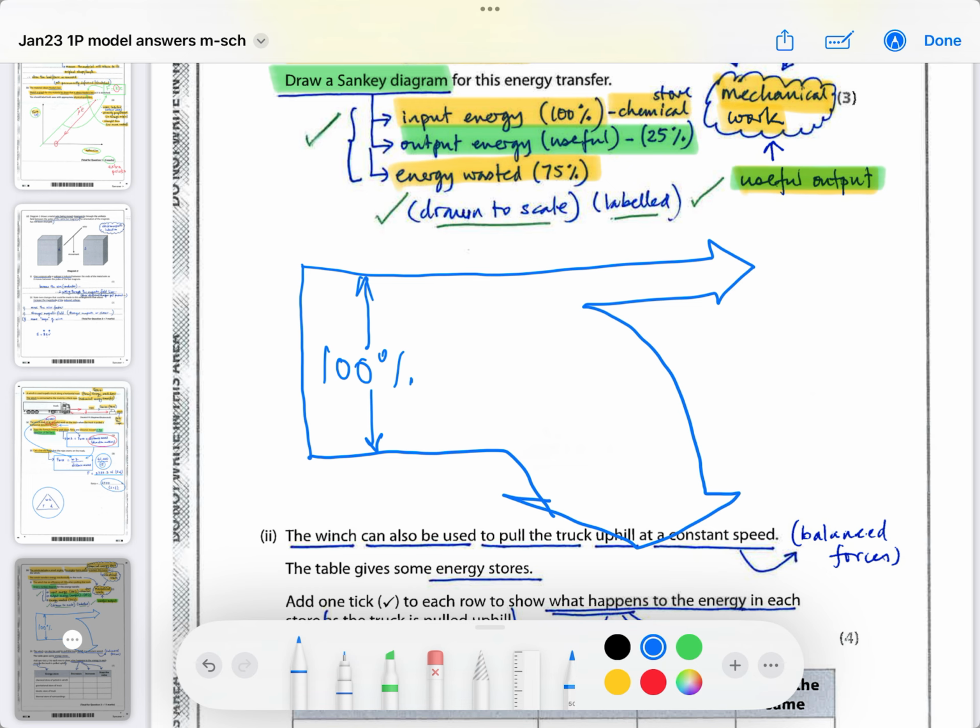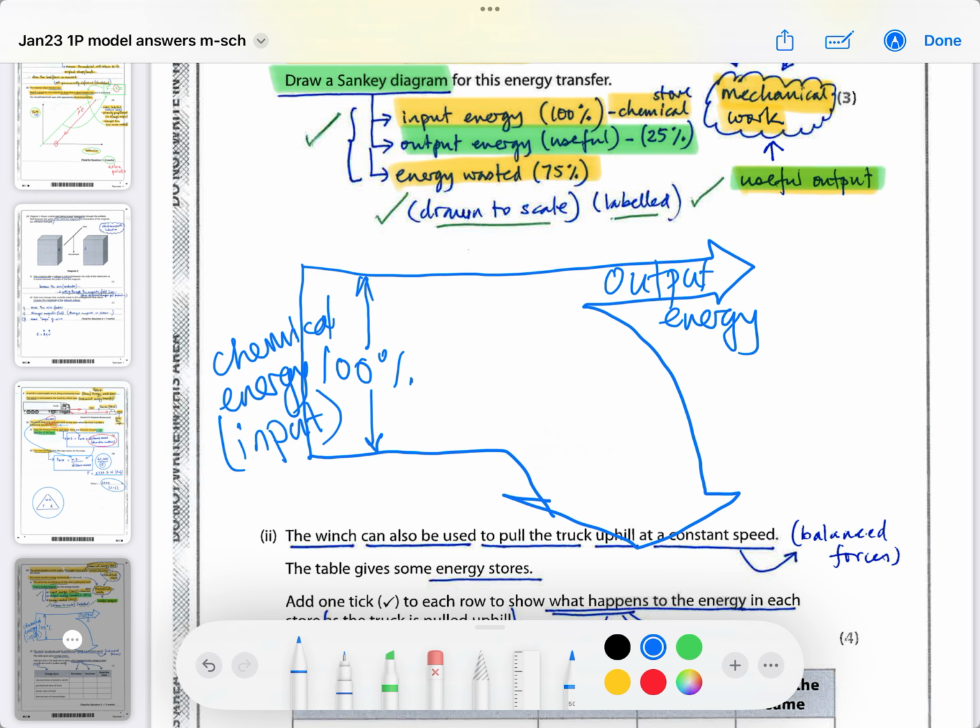This would then be, say if this was 10 centimeters, you use this. This is your chemical energy. So here you'd put chemical energy is your input. And then your output is here. That's your useful output.